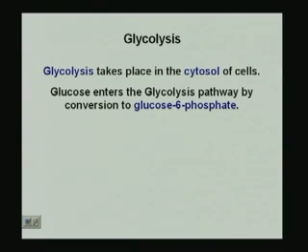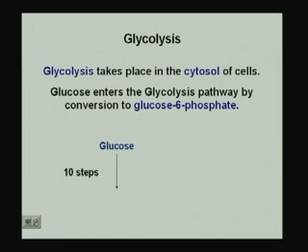Okay. Now, glycolysis. The process of glycolysis takes place in the cytosol of cells, and glucose enters the glycolysis pathway by the formation of glucose 6 phosphate. Now, glucose 6 phosphate means that we are going to have a large number of steps that are actually going to get you to pyruvate.